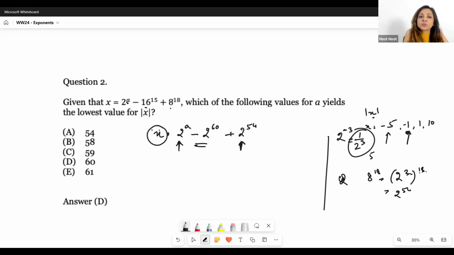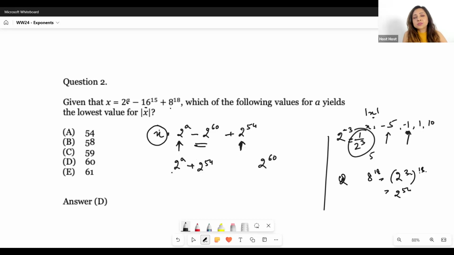If I want this to be as close to 0 as possible, my 2 to the power a plus 2 to the power 54 should be as close as possible to 2 to the power 60. If it becomes 2 to the power 60, well, great, then it will just get cancelled and my mod x will become 0.